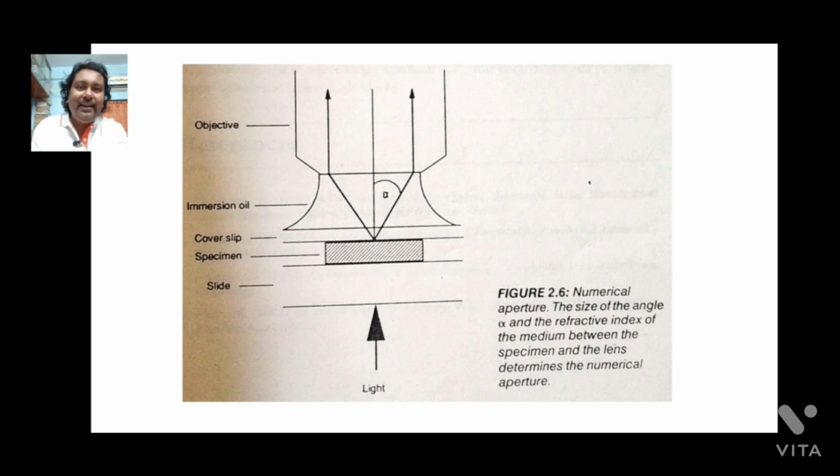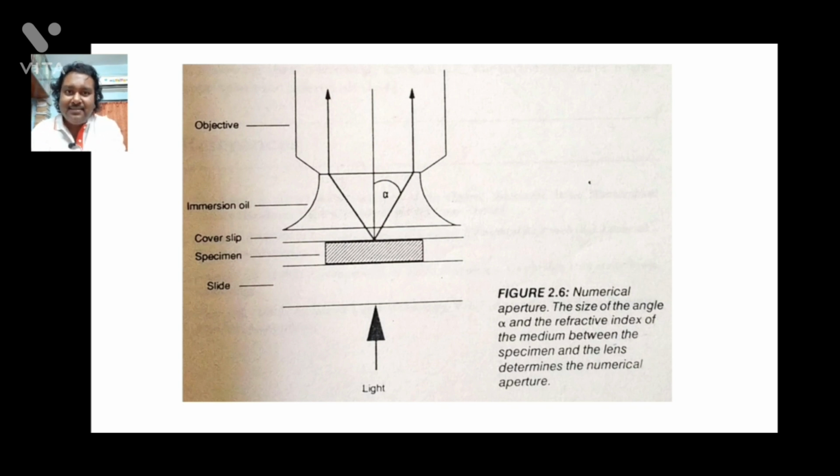in practice you will not be able to create a cone with an angle of 180 degrees. If it is not possible, then theta will not be 90 degrees, it will always be less than 90 degrees.